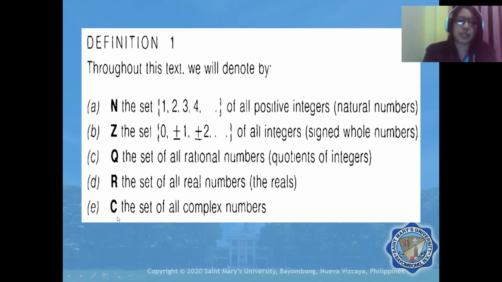Letter C represents complex numbers. So we cannot, of course, interchange the letters, and we cannot use any other letters aside from the given. This is based on the definition. So we are assigning capital letters for these numbers. Sometimes, instead of bold letter N, in other books, we have a double line for the first letter, and then N, and then Z. Again, just to emphasize, here it is bold.